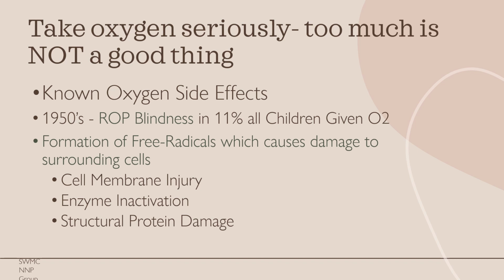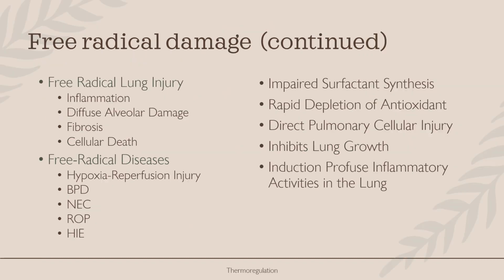Oxygen also forms free radicals, and free radicals cause damage to surrounding cells. They do that by cell membrane injury, enzyme inactivation, and structural protein damage to the cells. When you look at the lung, free radical damage causes inflammation.